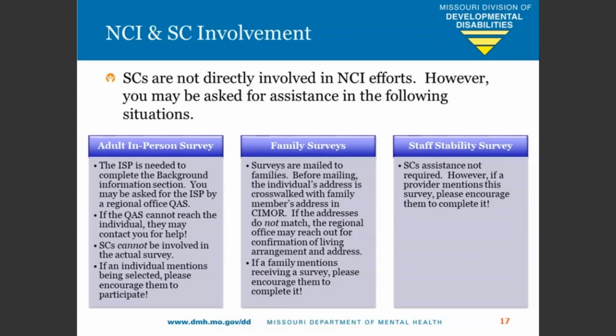If I look in Similar and those addresses do not match up, I would then send it to the regional office and say, hey, does this individual live at home or do they not? So a lot of times, that's when the regional office reaches out to you all to check.